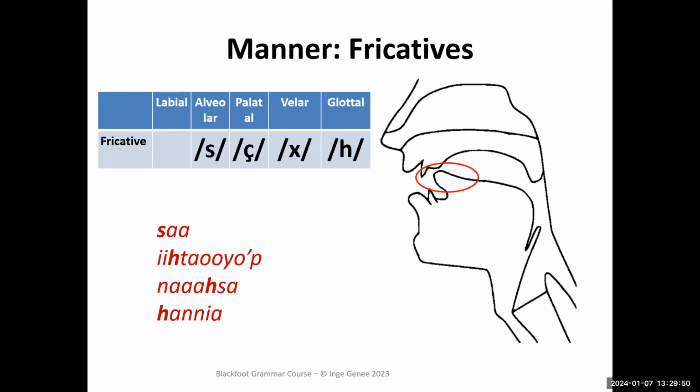Fricatives are made by letting air flow through a very narrow passage so that it creates a hissing sound, like the S in sa, which is in the picture. Other fricatives in Blackfoot are ch, as in chtoiop, ch, as in naachs, and h, as in hanya.